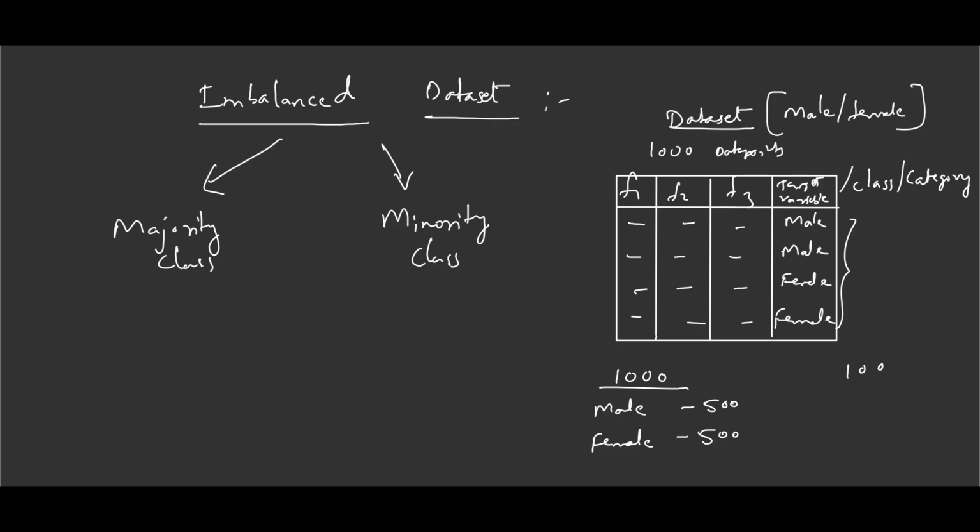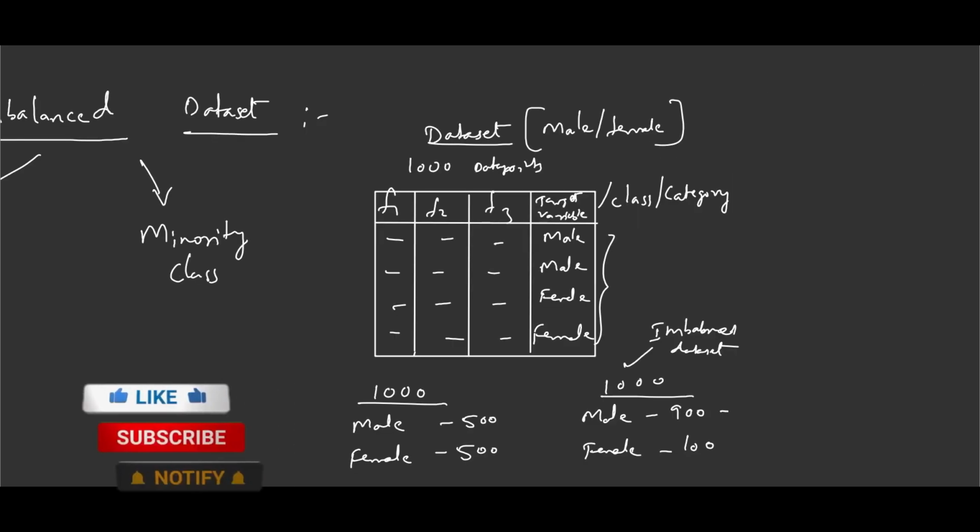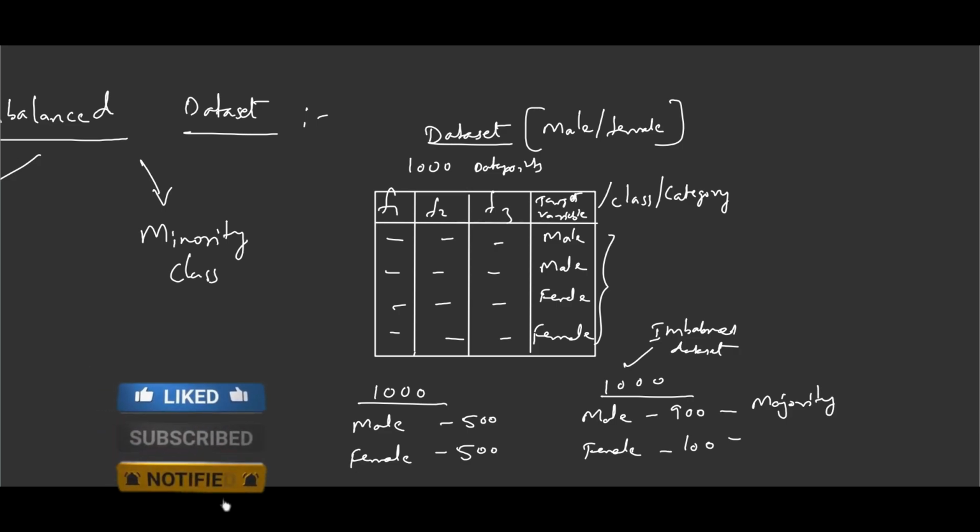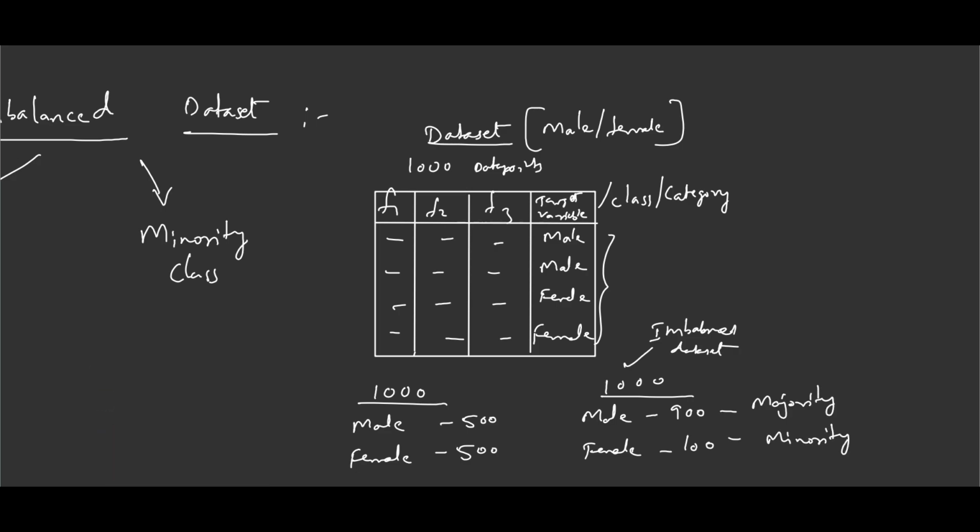And suppose out of the same 1000 data points, you have male category as 900 and female category as 100. So in this case, this is called an imbalanced data set. And this male category is basically, as we discussed, a majority class, and this is the minority class. So this is a small example just to make you understand what an imbalanced data set is.